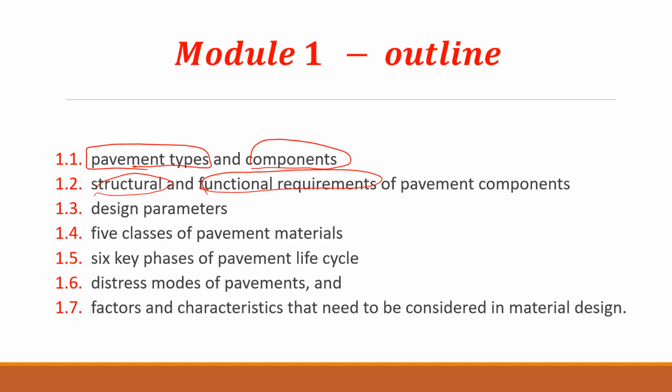What do we mean by functional requirements? Yes, functional requirements are only for the top surface because we don't see the other layers. Functional requirements are for us to give a smooth driving experience when we are driving on the road. When you drive, what do you expect?